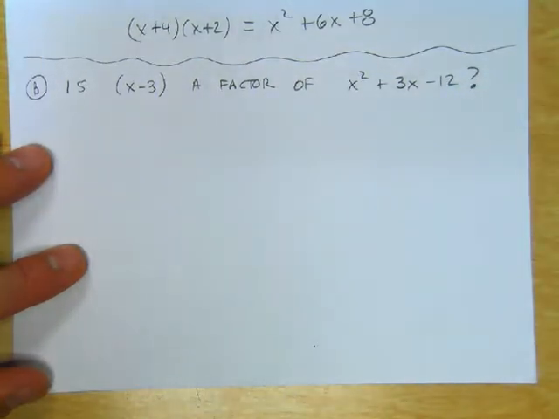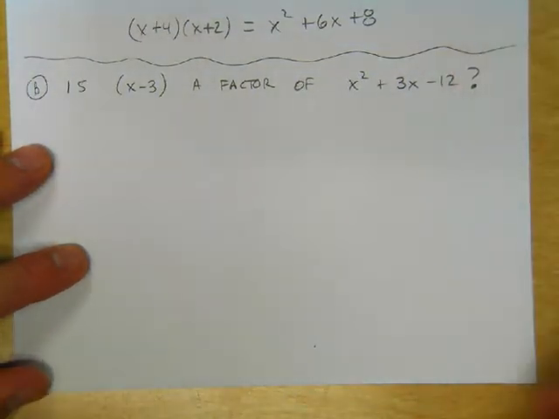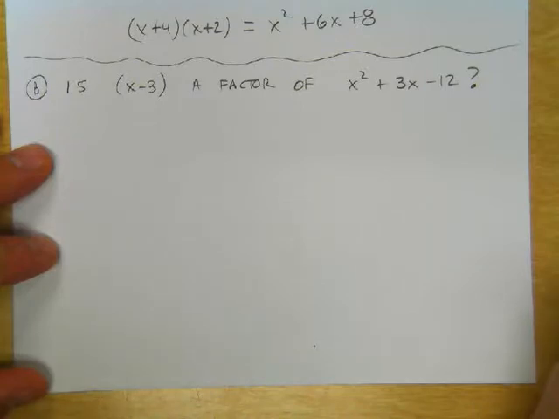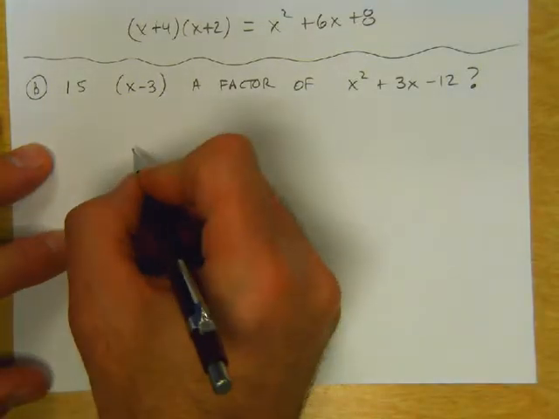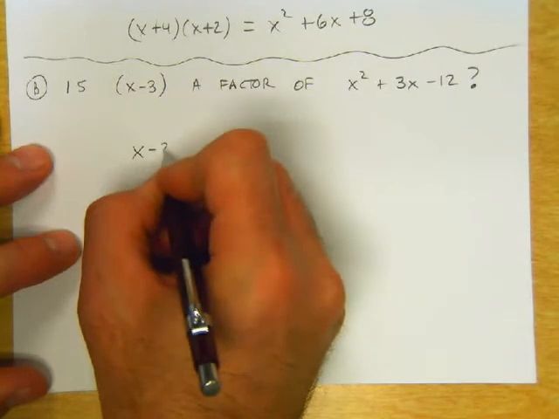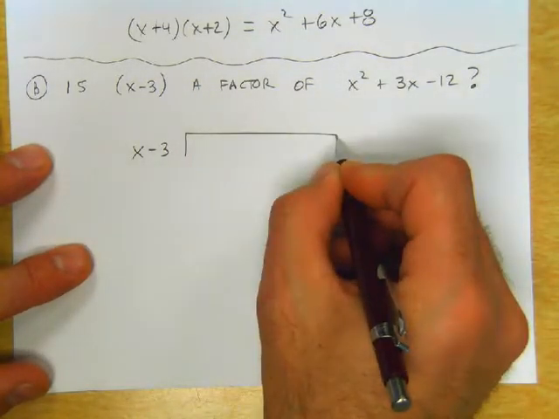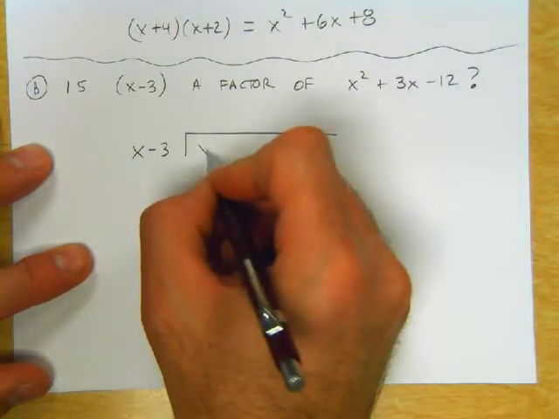The way that we can find out is by dividing. So let's set it up. X minus 3 divided into x squared plus 3x minus 12.